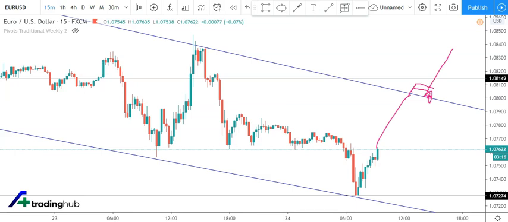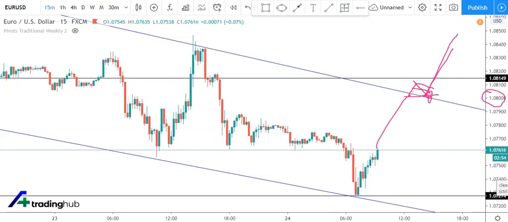That is when you take your entry. So when you just see that breakout, you can set maybe a buy limit order around here, around the 1.0800 zone. You place a buy limit order there, so price can come back, take your entry, then move up.